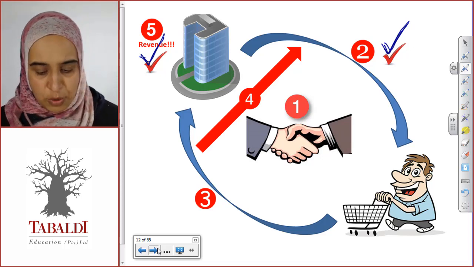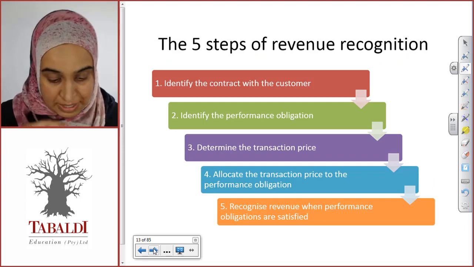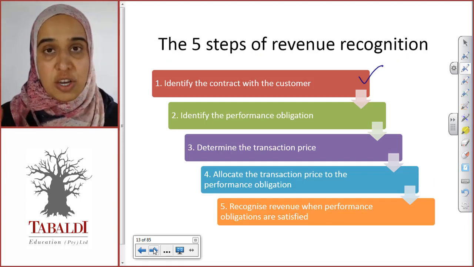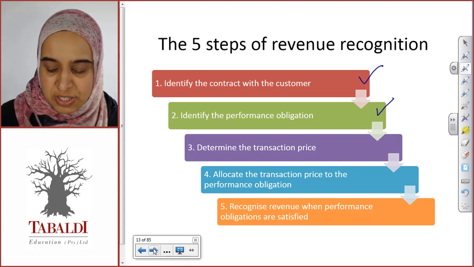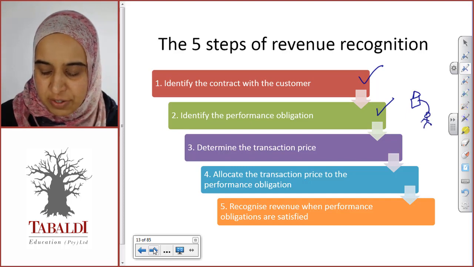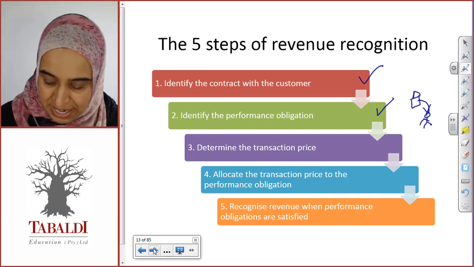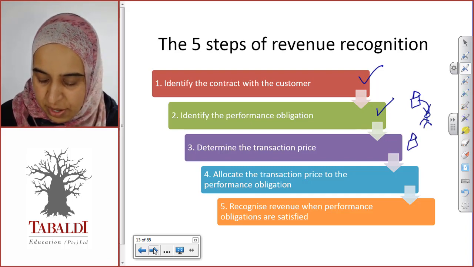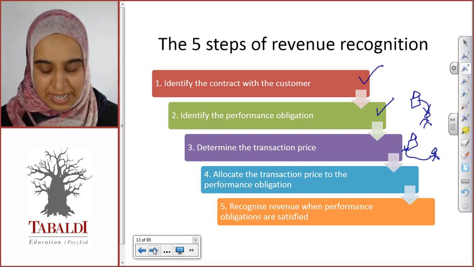Let's now look at all of these pictures in words and see what these steps are. So the first step is we identify the contract with the customer. The second step is we identify the performance obligation. So this is looking at what the company is going to give to the customer. All right. The third step is to determine the transaction price. Now we're looking at it the other way. We're looking at, in exchange, what is the customer going to give to the company?